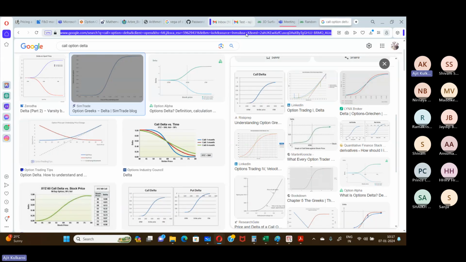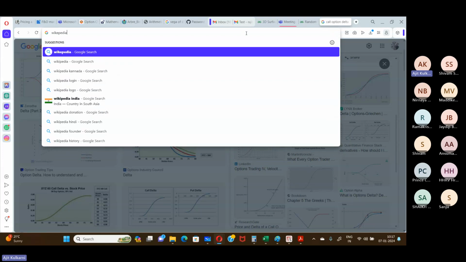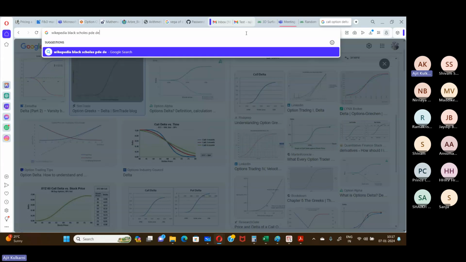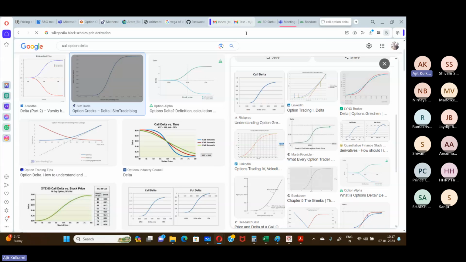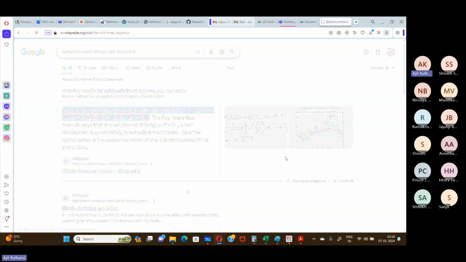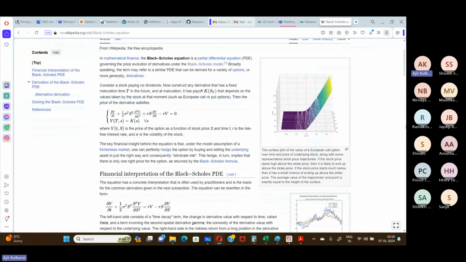This derivation is very standard, and you will find it even on Wikipedia and Black-Scholes. So this derivation is very standard, okay?